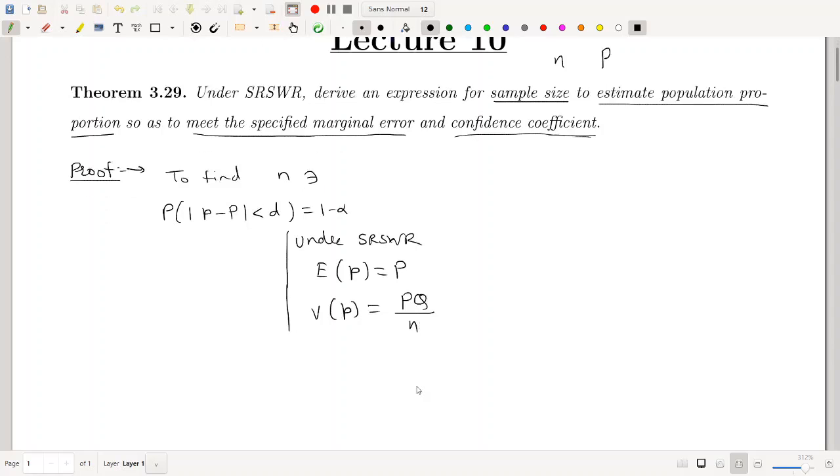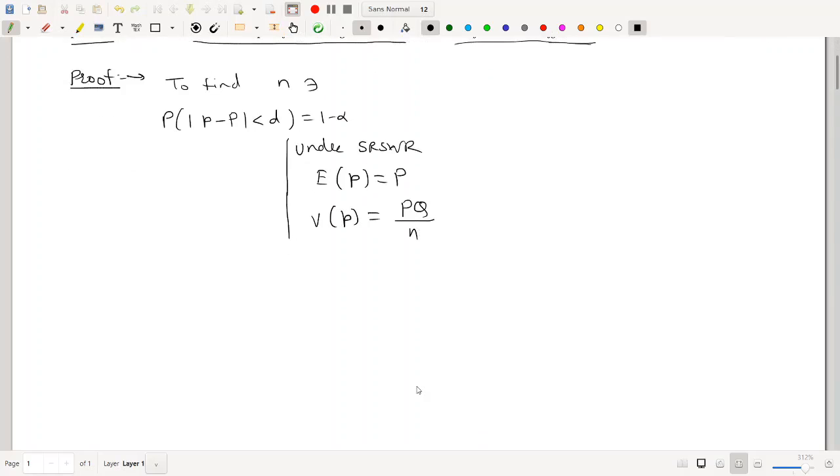This we already had seen in previous lectures. So if expected value of p is capital P and variance of p is this one, then sample proportion small p follows asymptotically normal with mean capital P and variance capital PQ by small n. This is asymptotically.